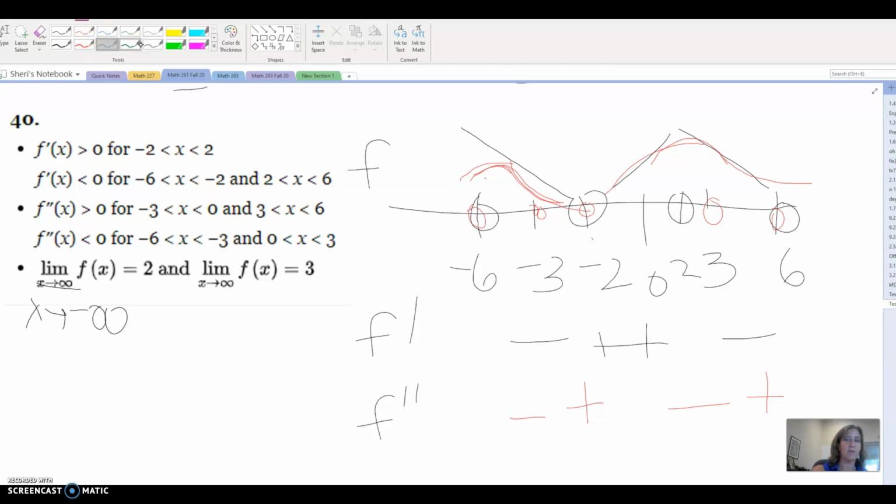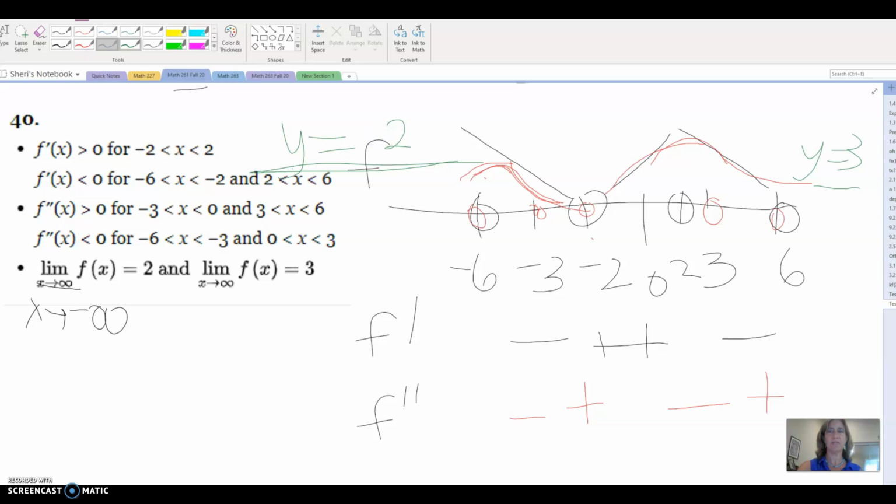So if I go really, really far to the left, this graph is going to flatten out at y equals 2. And when I go really, really far to the right, this graph should flatten out at y equals 3. Following it all the way from the left to the right, as I'm coming in from the left, I should start at a height of 2. And then as I get to -6, my function is going to start decreasing all the way until I get to -2.